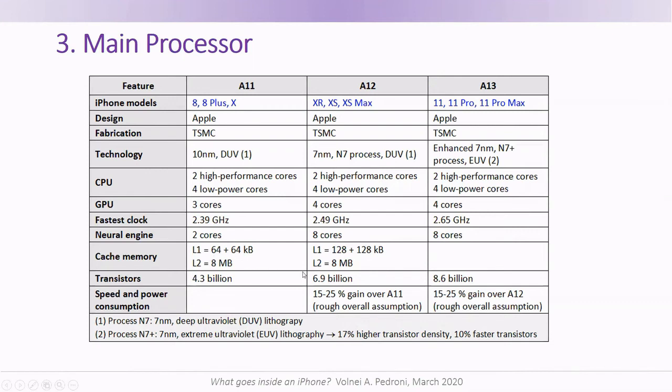Then there is cache memory, and finally the transistors, which doubled in 2 years from 4.3 to 8.6 billion transistors. The speed and power consumption gains are roughly estimated as something between 15 and 25% over the previous generation.